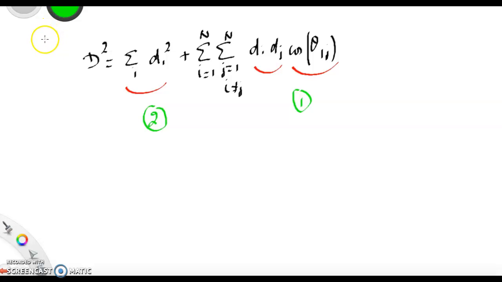Now, I'm going to look at term one. That's my term one, and term one is simply d_i d_j, the sum, of cosine theta_ij. I'm not going to write the whole thing.